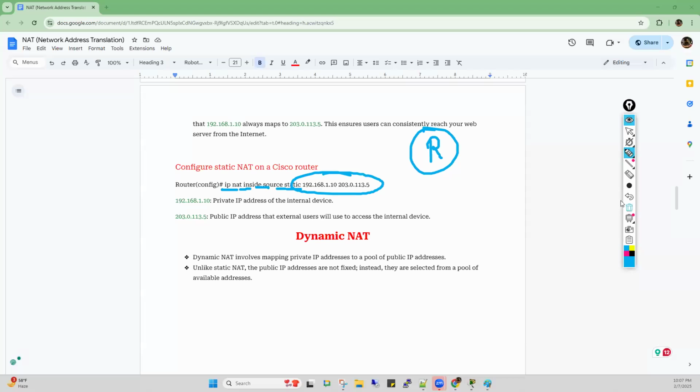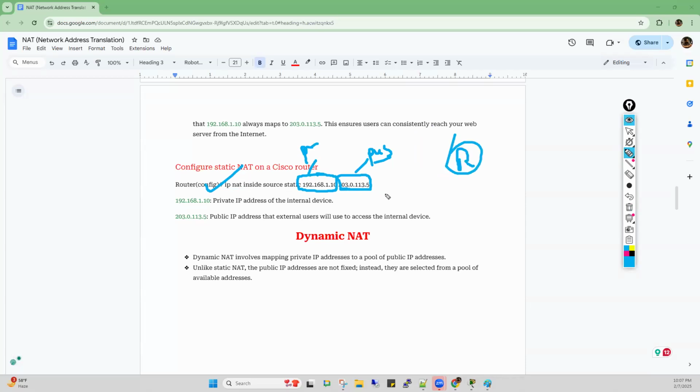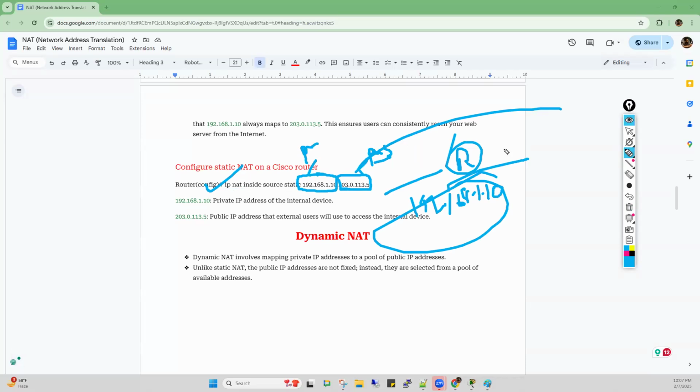So what is the meaning of this command? See here, guys. Here you set two IP addresses, this one and this one. It means this is the private IP address and this is the public IP address. It means by the help of this command, you are telling the router, hey router, whenever you receive any packet with source IP address 192.168.1.10, please convert this IP address into this one.